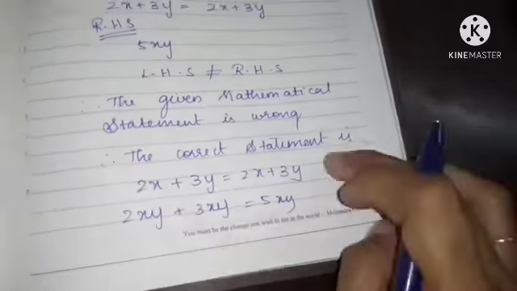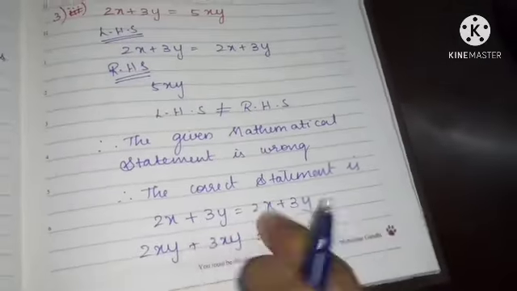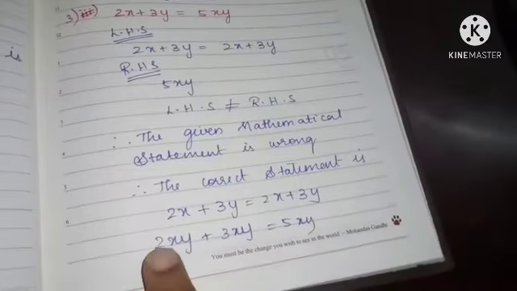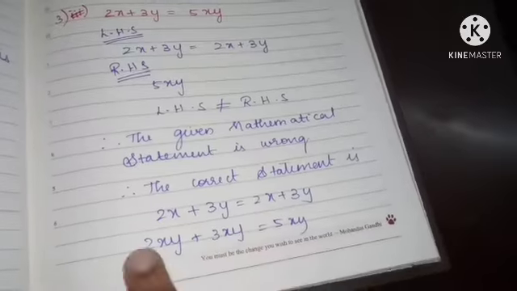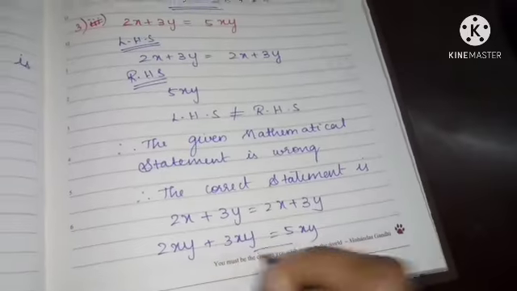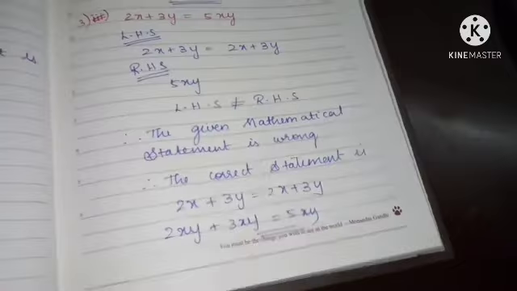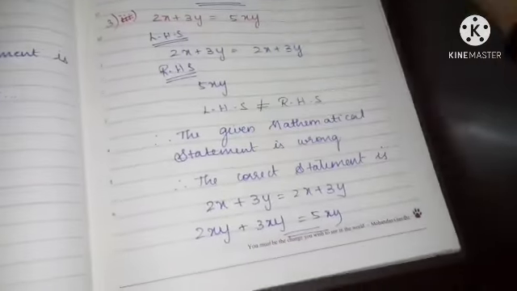Either you should get like this. 2x plus 3y is 2x plus 3y only. If you want to get 5xy, it should be 2xy plus 3xy. So both are xy, so 2 plus 3, 5xy. So this will be the correct statement. Okay, so we should check like that.